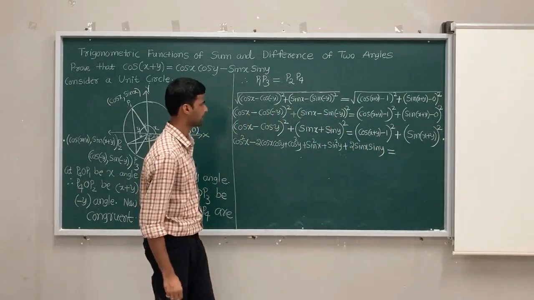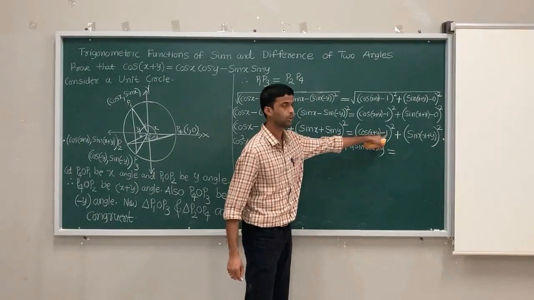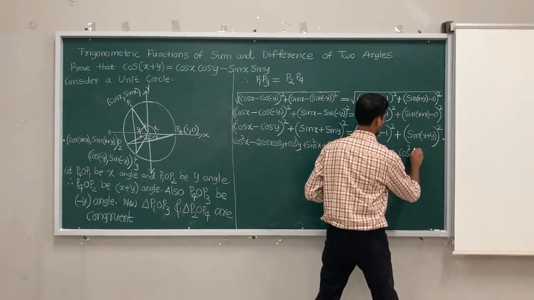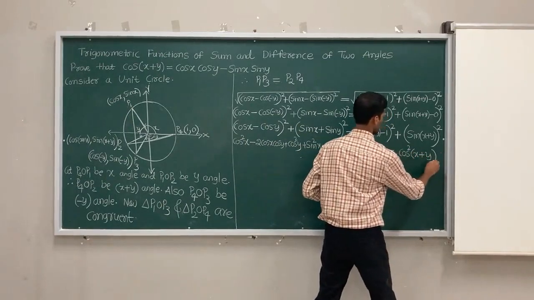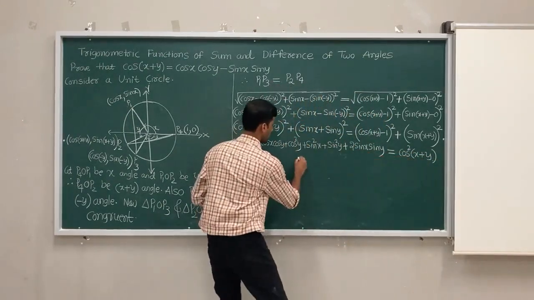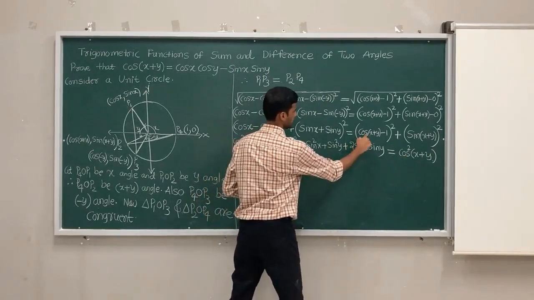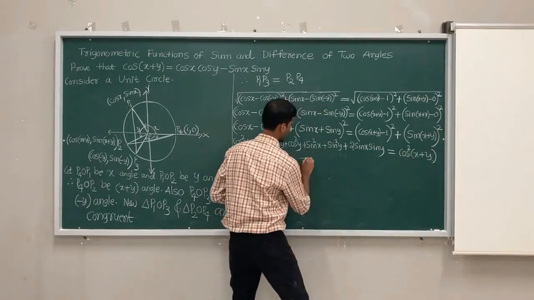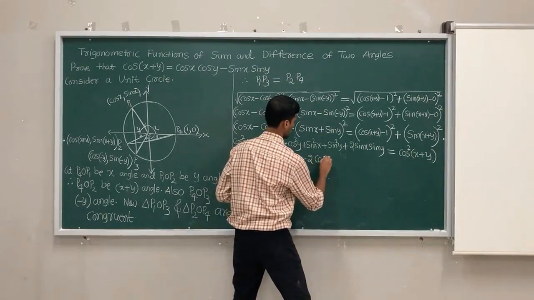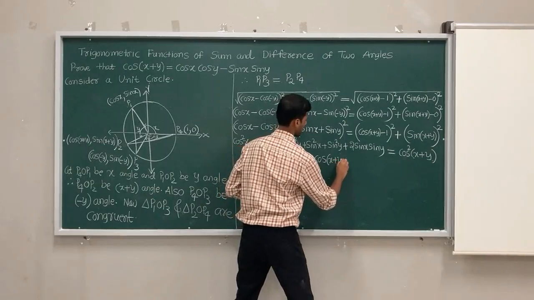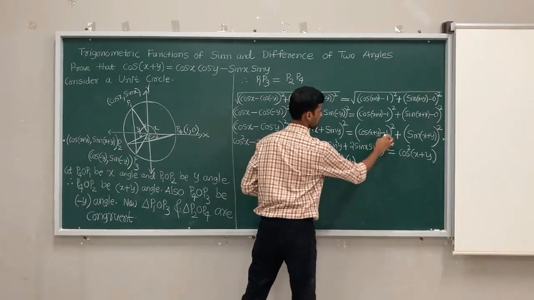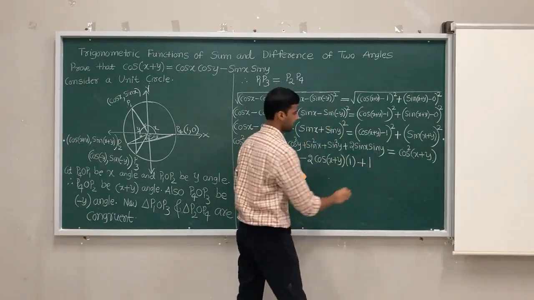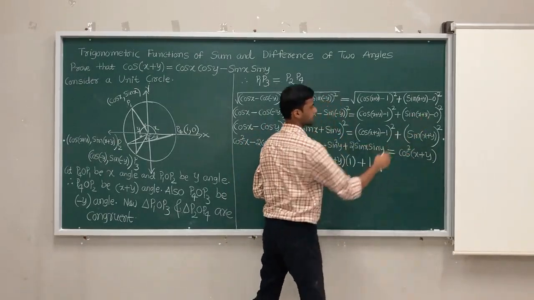Which is equal to, when we expand using a minus b the whole square, this result becomes cos square x plus y. Because of the less space I am writing down, plus, because it is a minus b the whole square, a minus b the whole square means a square minus 2 times cos of x plus y into 1, because in b's place you have 1, plus 1 square is 1, plus what is sin of x plus y the whole square?